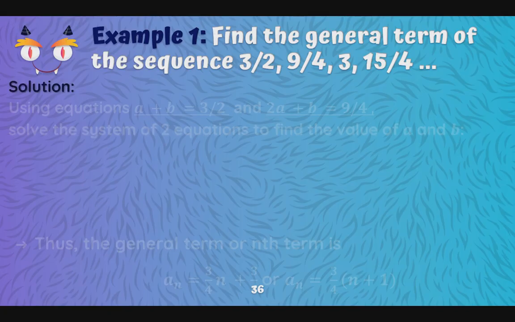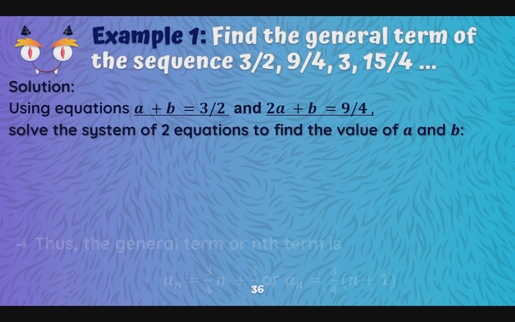Using those two equations, let us solve using the elimination method in solving systems of equations. So we have 2a plus b is equal to 9 over 4. The second one is a plus b equal to 3 over 2.